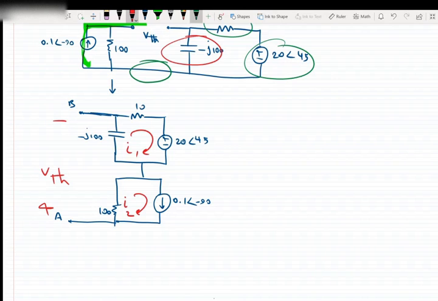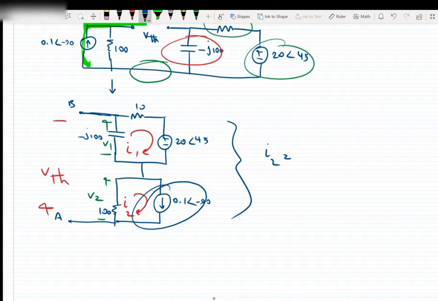If the voltage at this point is V1 and the voltage at this point is V2, we need to find V1 and V2. Okay, so let's write the equations. Of course, because there is a current source, I2 is equal to 0.1 with the angle of negative 90. That's it.